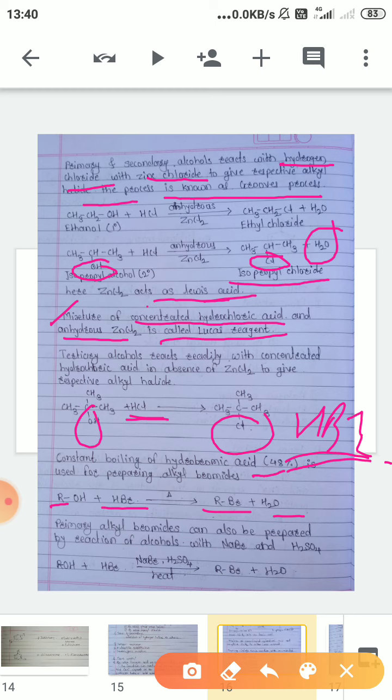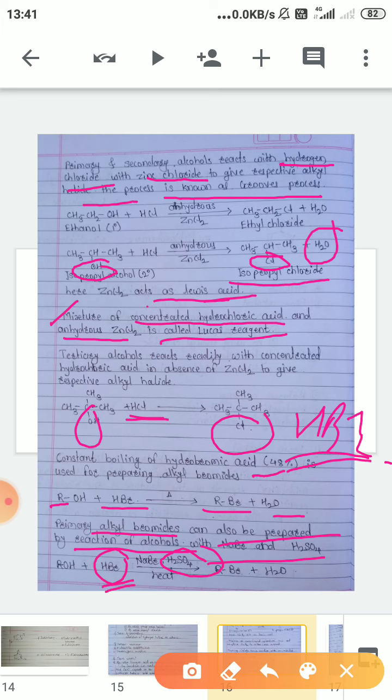Second, primary alkyl bromides can also be prepared by the reaction of alcohol with NaBr and H2SO4. That means we can prepare alkyl bromide using sodium bromide in acidic medium, that is, HBr is prepared in situ by the reaction of NaBr and H2SO4.